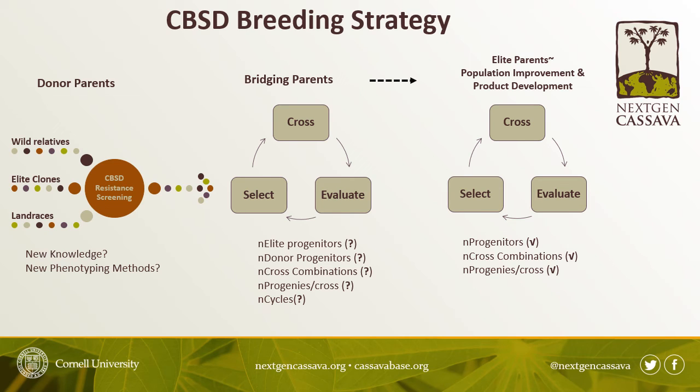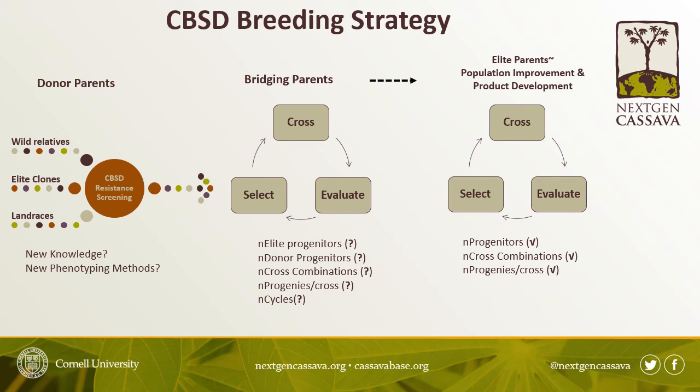In this bridging process, we need bridging parents: we identify any outstanding clone that has come from donor parents, identified through root cross methods, and has proven to have CBSD resistance. This donor parent is crossed to an elite parent. The elite parent, of course, is already adapted.